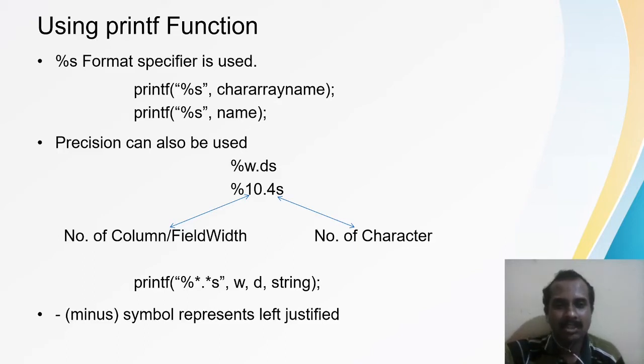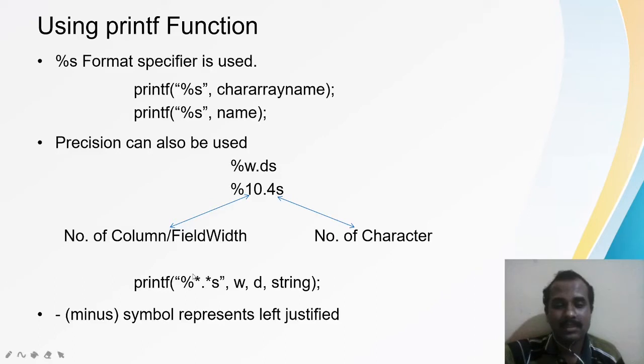Here precision can also be used. The format is %w.d and s, where s represents that it is a string, w represents the number of columns or the field width, and d represents the number of characters that need to be printed.